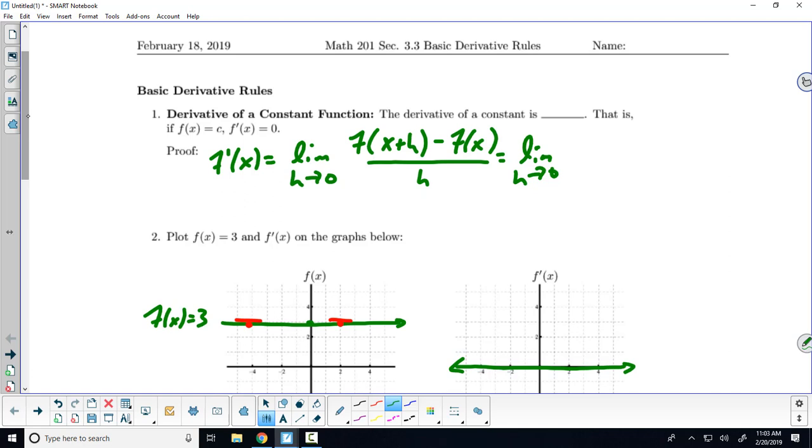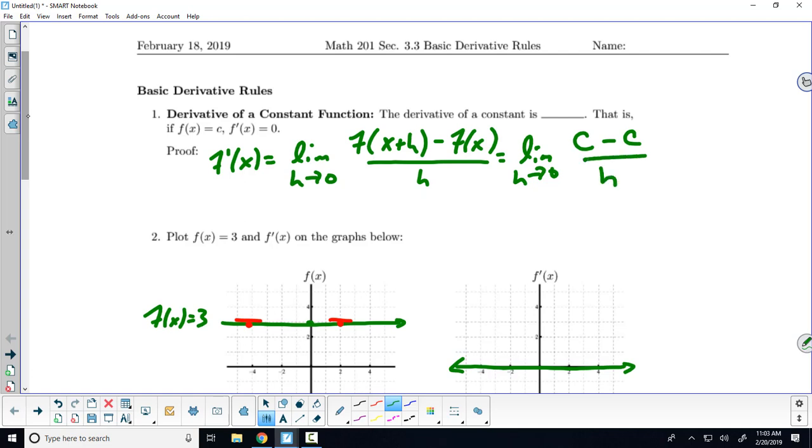So for example, if this were f of x equals 3, and I plug in 20 for x, what does it output? 3. Or if I plug in 50 for x, it outputs a 3. So if I input x plus h into this constant function, it's going to output c. And if I input an x into this function, it again outputs c, all over h.